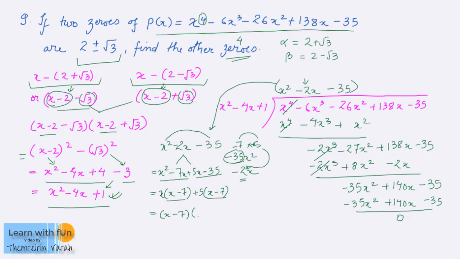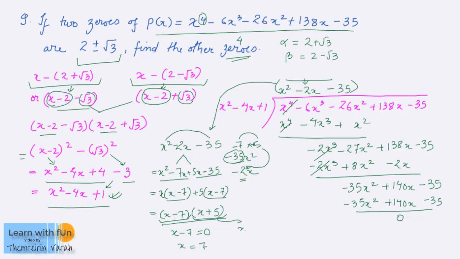Taking x minus 7 common, we get x plus 5. So the factorized form is x minus 7 into x plus 5. If x minus 7 is a factor, and x plus 5 is a factor of the polynomial, then when x minus 7 is 0, px is 0. So x minus 7 equals 0, equate, and the x value we get is 7.